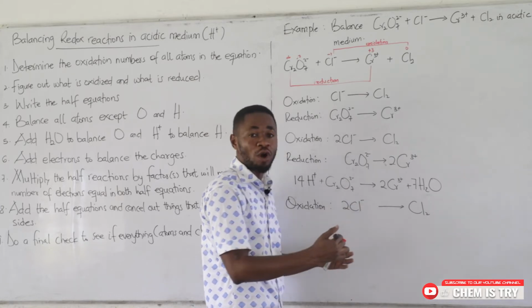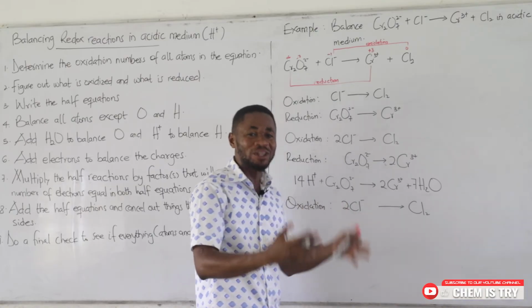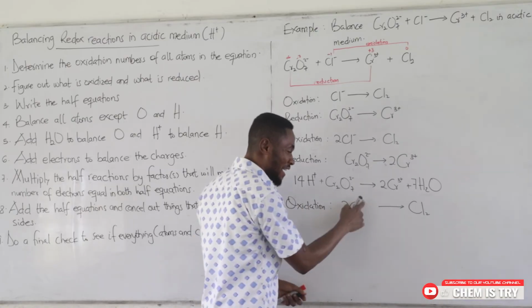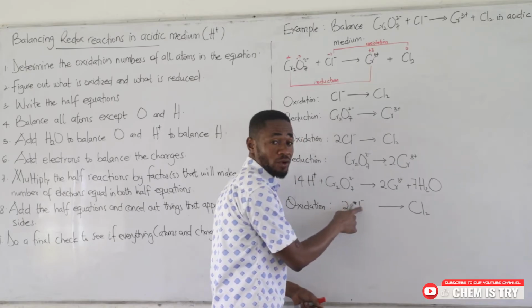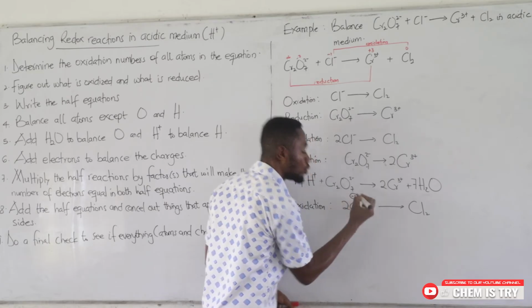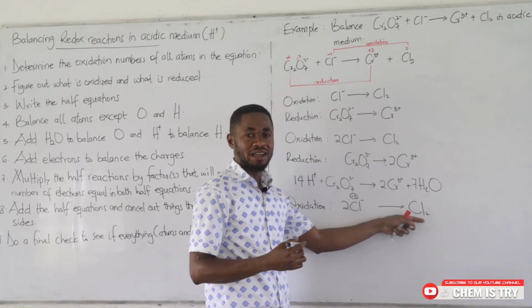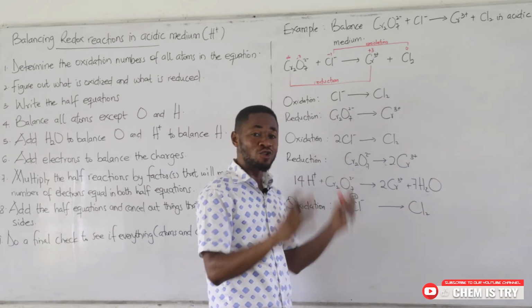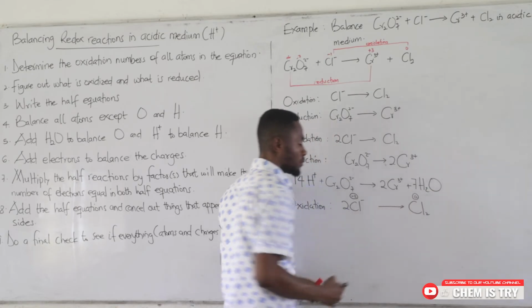So the oxidation number will be equal to the charge carried by the single ion. Now the charge is -1, and we have 2 chloride ions. So it will have a total charge of -2. This is chlorine gas, an element standing there alone. So its oxidation number is 0.